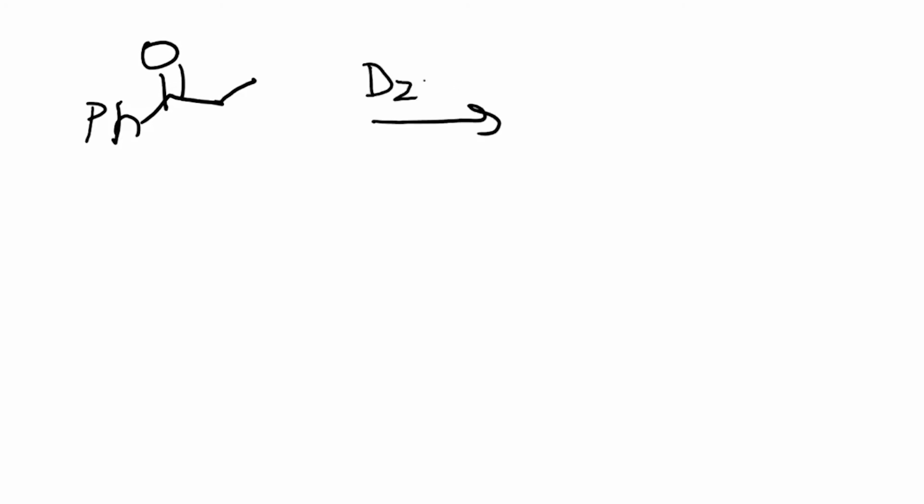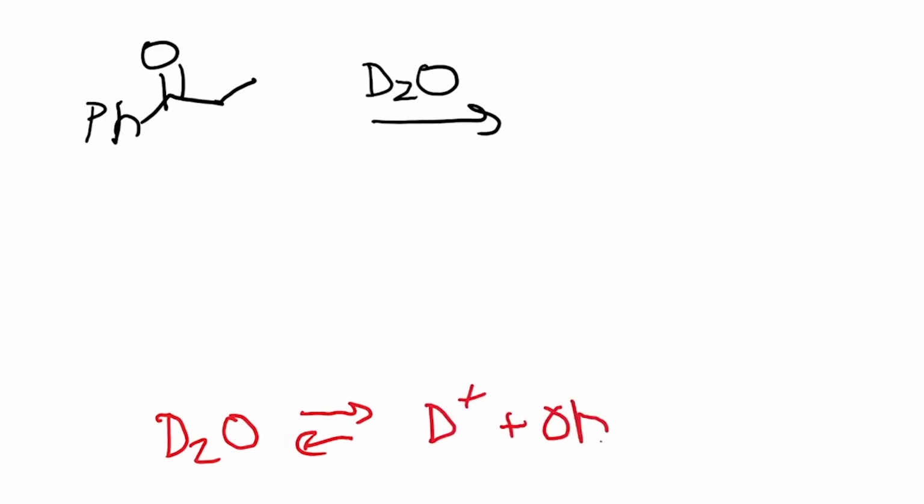The experiment that has been done is fairly straightforward. We take this compound, this ketone, Ph C double bond O, CH2CH3, and dissolve it in D2O. What we know is that D2O, much like H2O, is in equilibrium with D plus and OD minus.